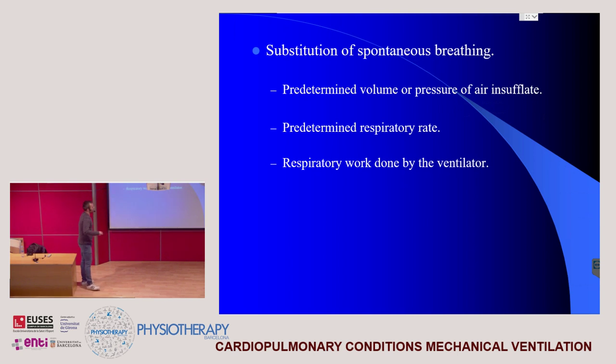When we talk about all of the parameters, we talk about volume or pressure and respiratory rate. For example, we set that you will deliver 15 times during a minute 500 milliliters, and the ventilator will deliver exactly that, 15 times during a minute 500 milliliters each time, okay, and nothing more.